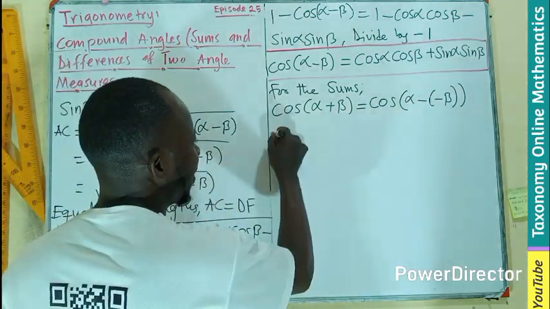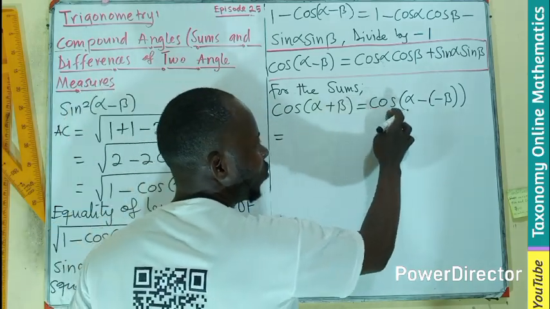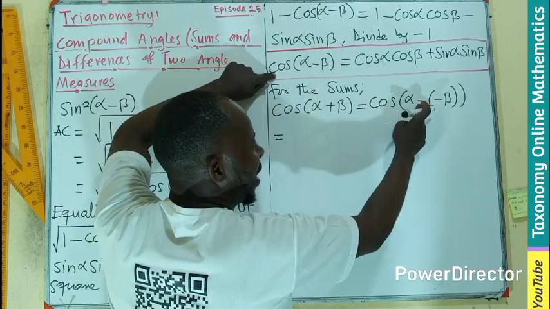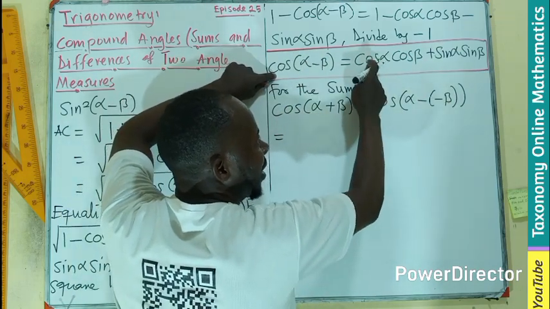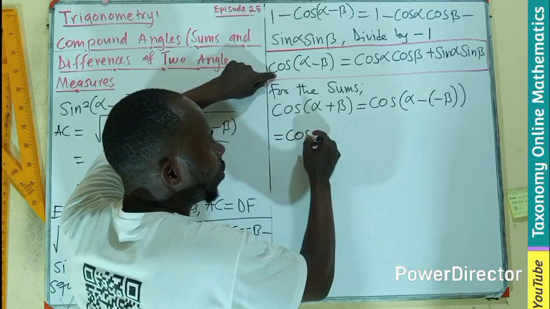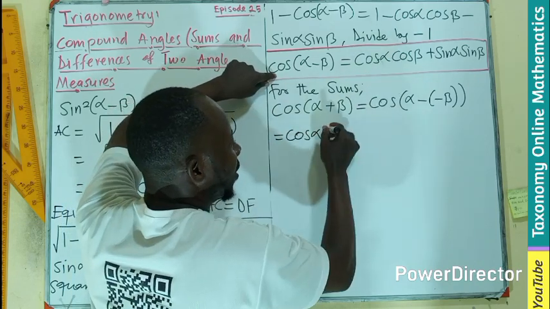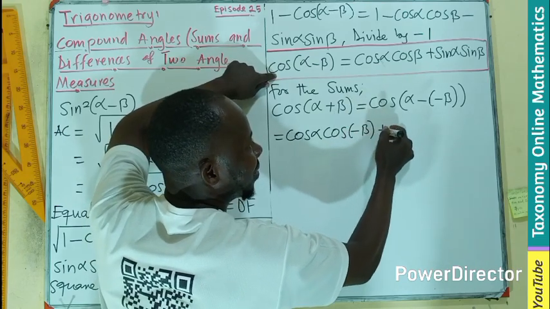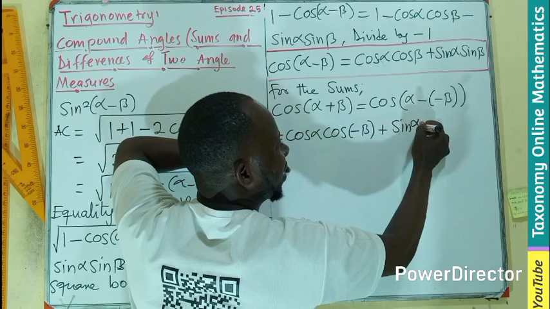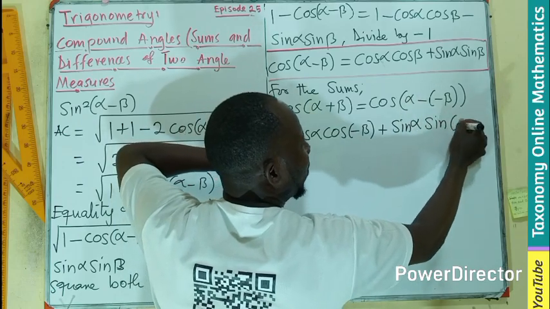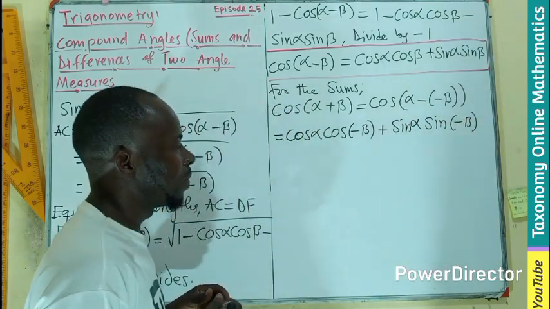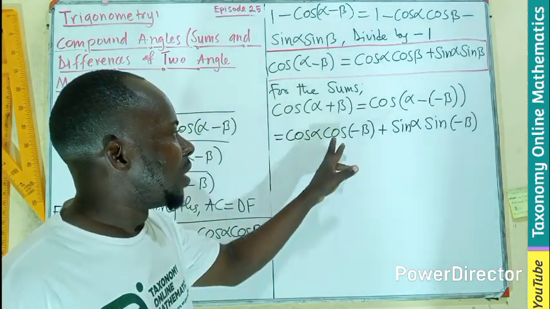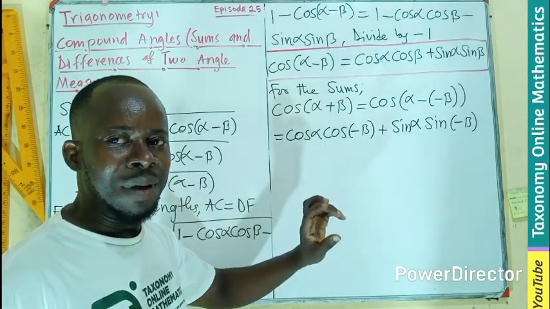So it means that to find this, I am going to use this. Look at it. The first angle minus second angle. First angle minus second angle. Meaning that the first angle is cos of alpha multiplying the cos of the second angle, which is negative beta, plus the sine of the first angle times the sine of the second angle, which is negative beta. So in the case of this, remember, for the negative angles, cos negative beta is the same as what?